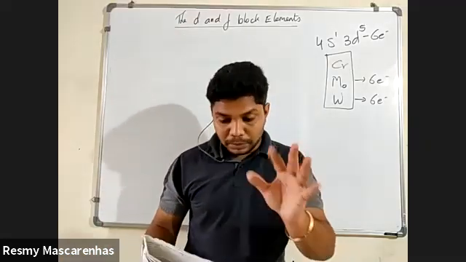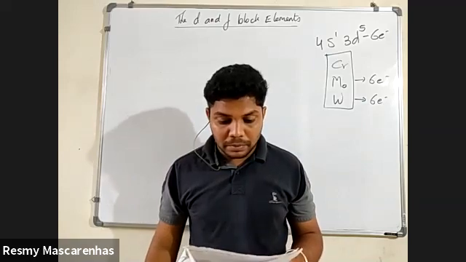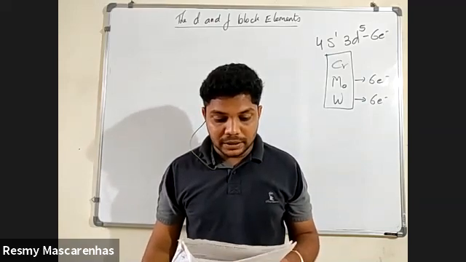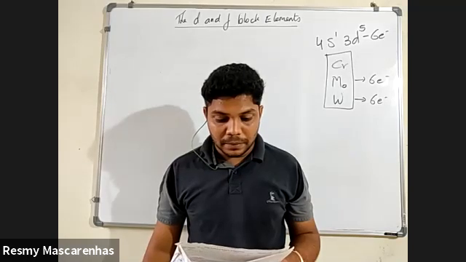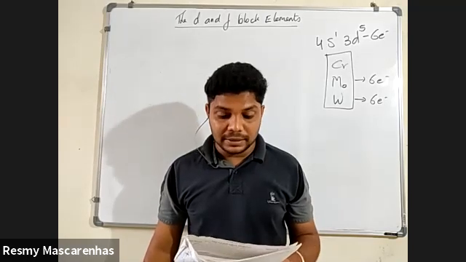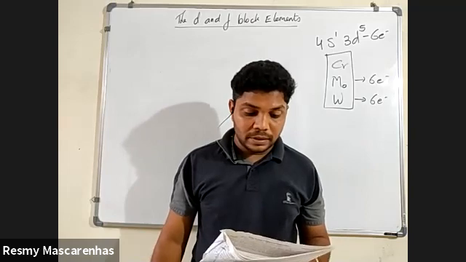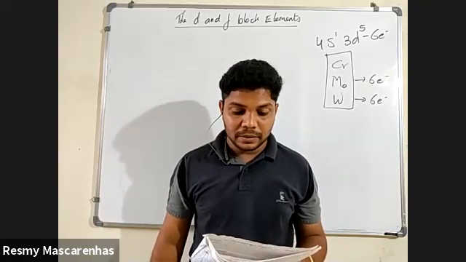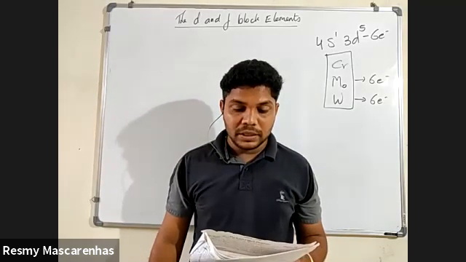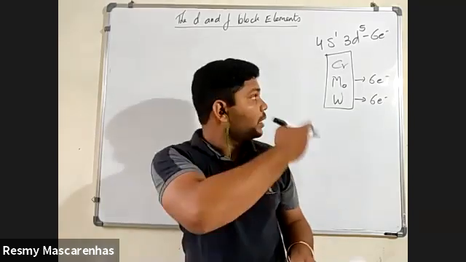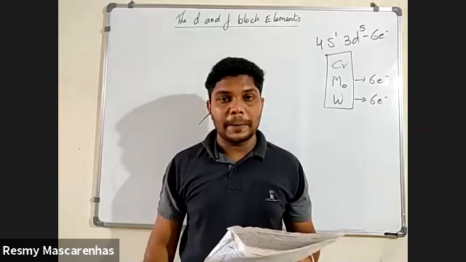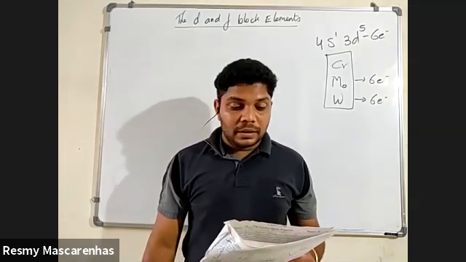metals. So please note down this: chromium, molybdenum, and tungsten are hard metals. Give reason. Please remember this; these things can be asked in competitive exams. Give reason. Write down the answer.